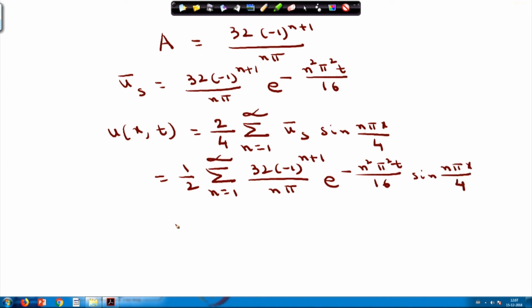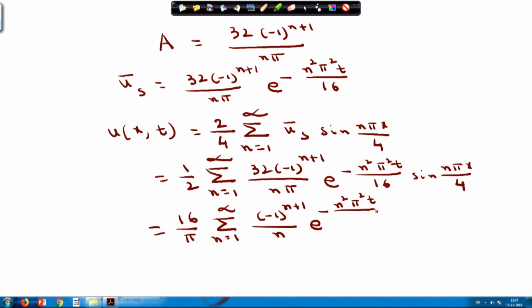So, this 32 you can simplify it: 16 by pi summation n equals 1 to infinity (-1)^(n+1) divided by n e to the power minus n square pi square t by 16 into sin(n pi x divided by 4).